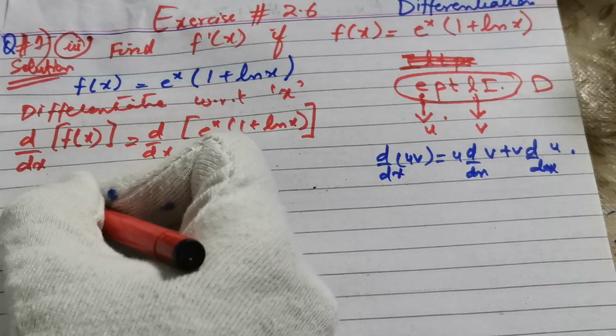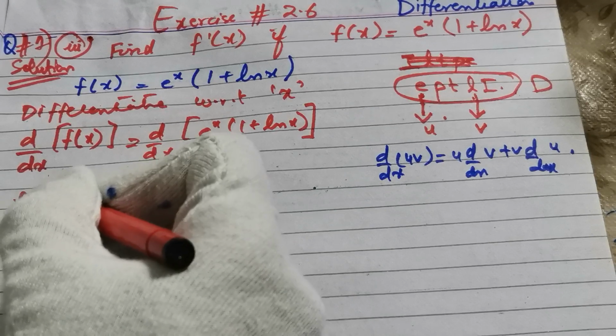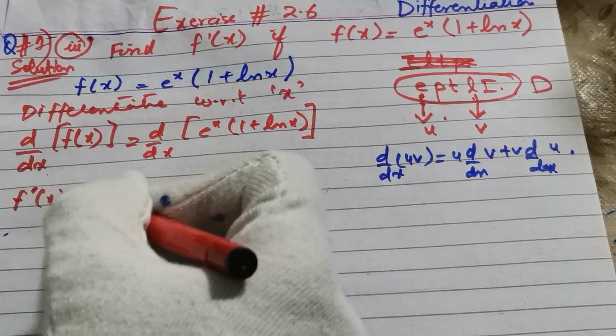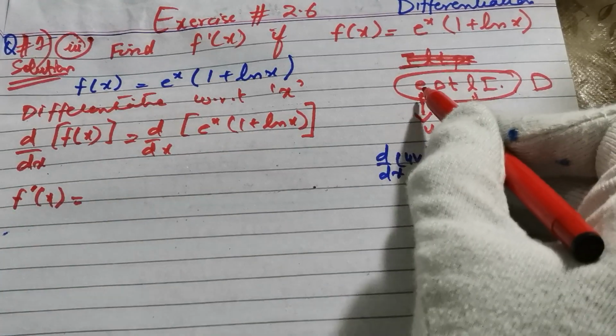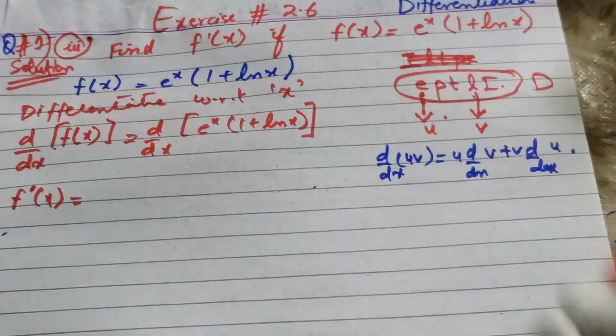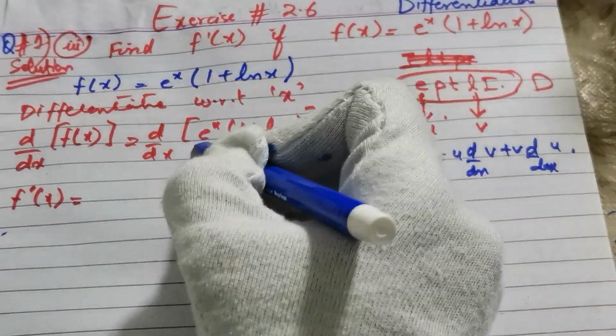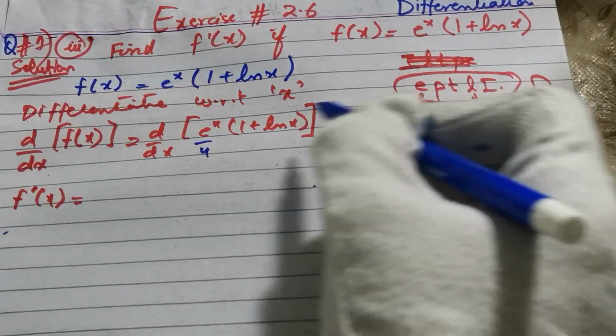The derivative of f of x gives f dash of x. Now the exponent is this term, we can say this is our u, and the log is v.